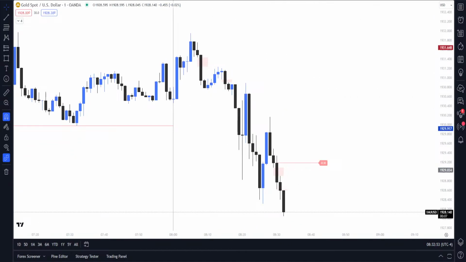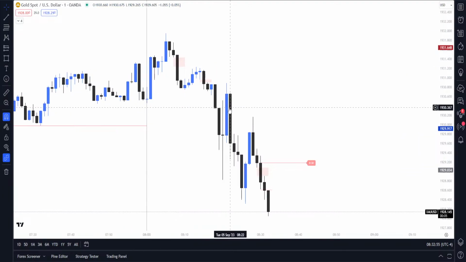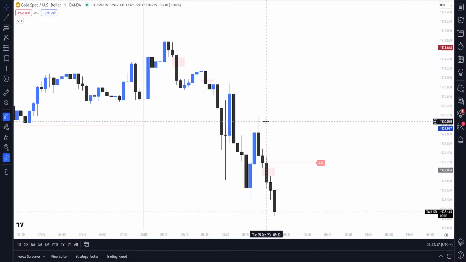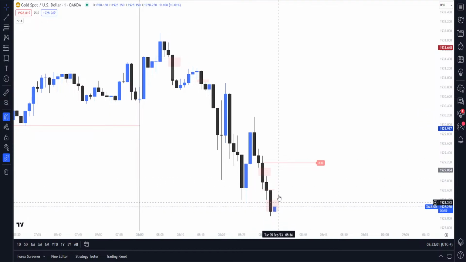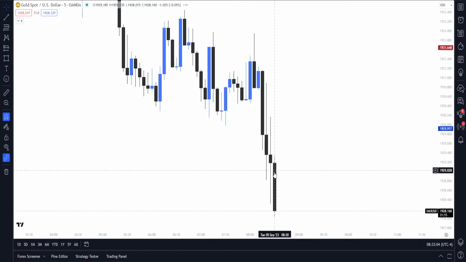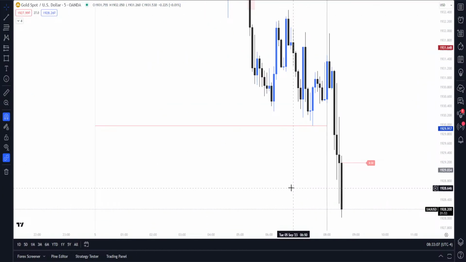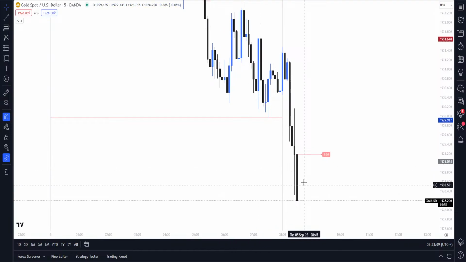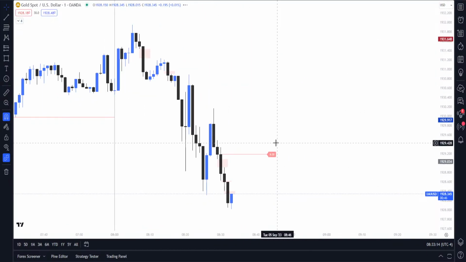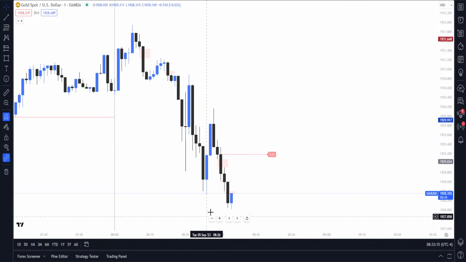Gold has made a new low. If we could see it give us a strong engulfing candle, we do assume price is going to reverse up. Okay, let's see if it can give us an engulfing.